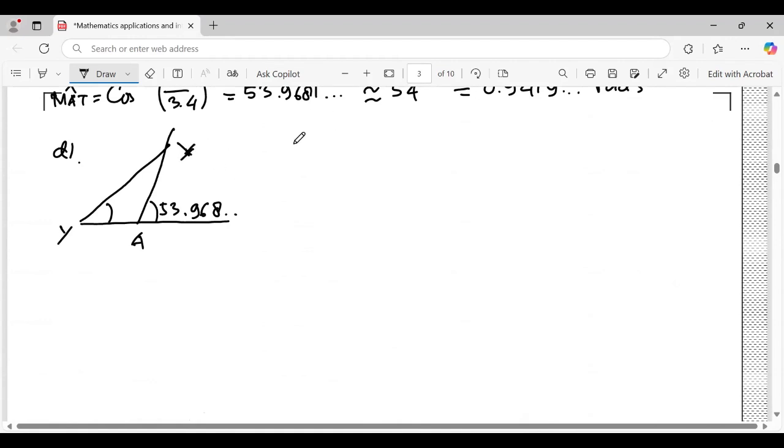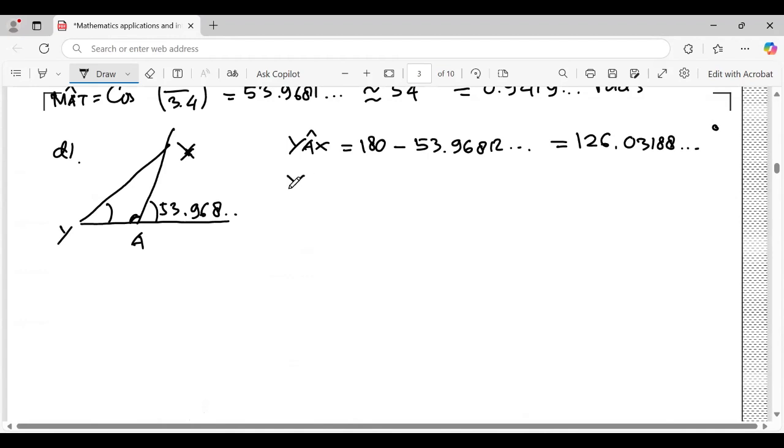Okay, so angle YAX equals 180 minus 53.96812, so on, which is 126.03188. So this angle is YAX.